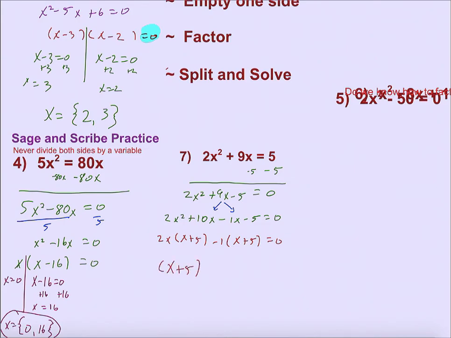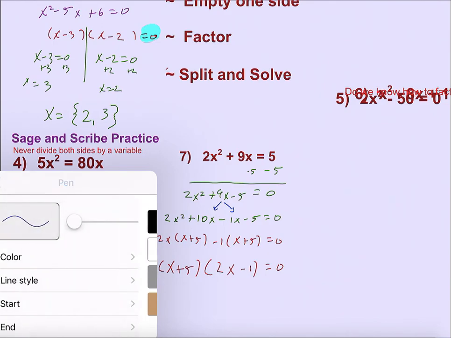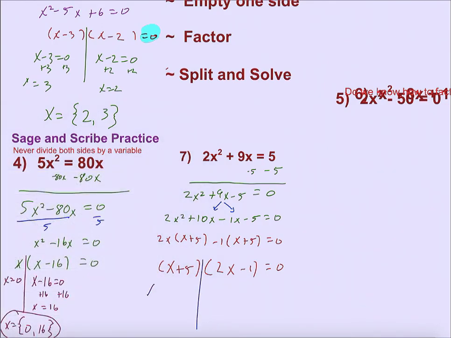And I can pull out the x plus 5. And I'm done factoring. Notice how there's no more adding or subtracting in between the two. Last step there was, which is why I couldn't just split and solve yet. And this is why when we learned how to factor, I made such a big deal out of knowing when you were going to write a plus sign or a minus sign in there and when to leave it as multiplication. But we factored, so our next step is to split and solve.